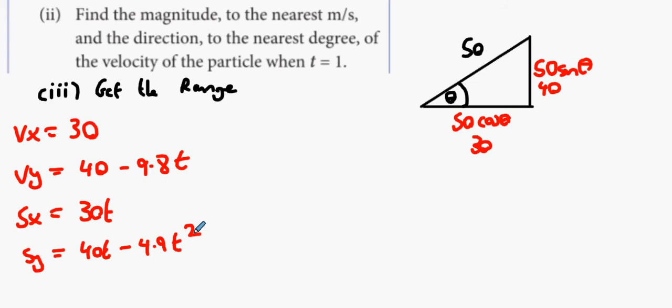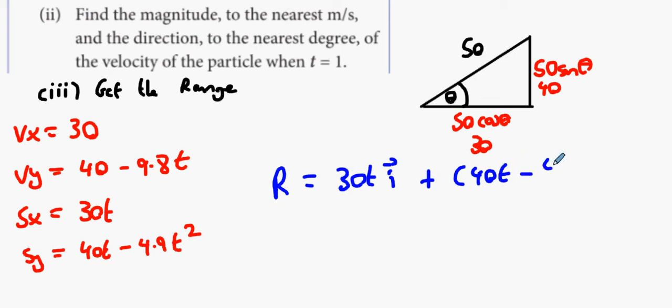Alright, next thing we're going to do is just get the answer to part 1. So what's your position vector in terms of t? It's 30t times i, your sx, then your sy, which you'll just put in brackets. So any time you put in a value of t, it will give you your position vector.